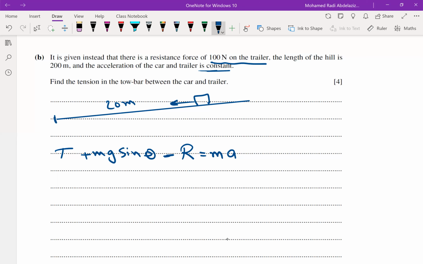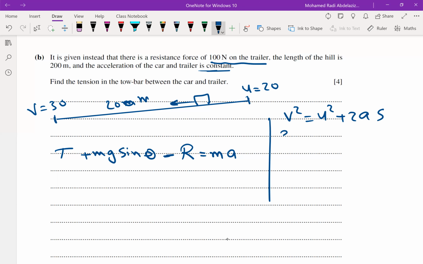So you can use the equation of motion in a straight line with initial velocity 20 and final velocity 30, and it's given the distance, which is 200 meters. So you can find the value of acceleration. V squared equals U squared plus 2AS.